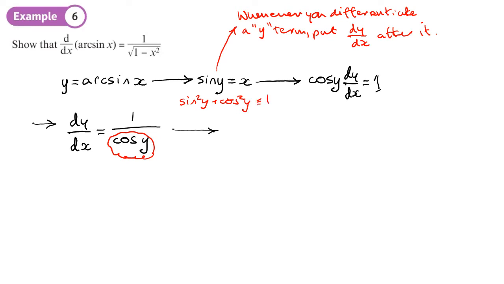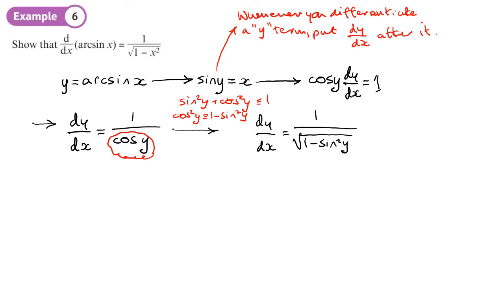If we rearrange that, we get cos squared y is equivalent to 1 minus sine squared y. If we square root both sides, we get dy dx equals 1 over the square root of 1 minus sine squared y.